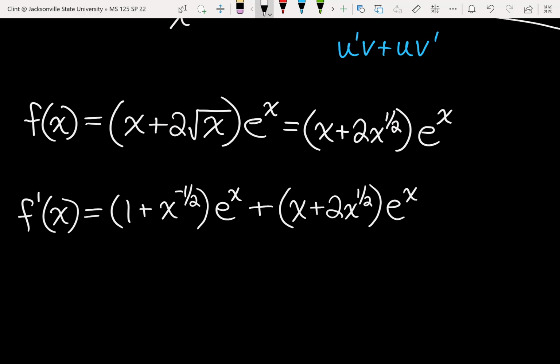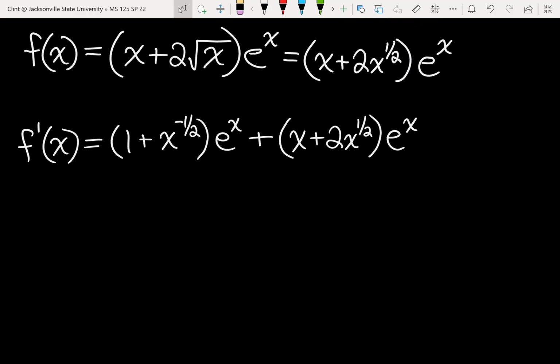It told us to simplify. What can we do? We could distribute e to the x on both of those, or this one we have a common factor of e to the x.